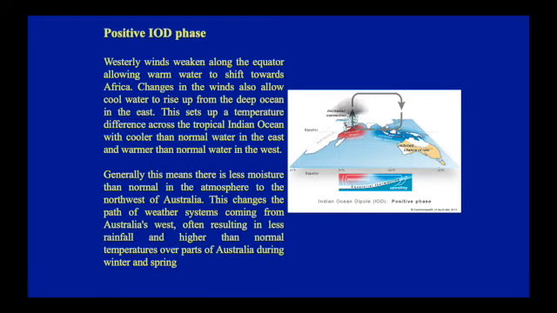But what happens during positive IOD? This cell system shifts. It brings moist air to the west and then brings convection and rainfall to the western part of the Indian Ocean. So it flips, it goes in the opposite direction.